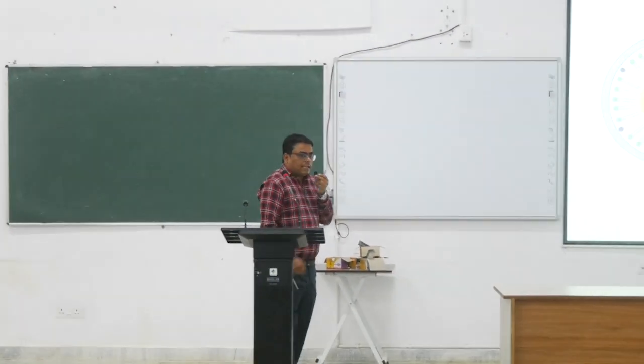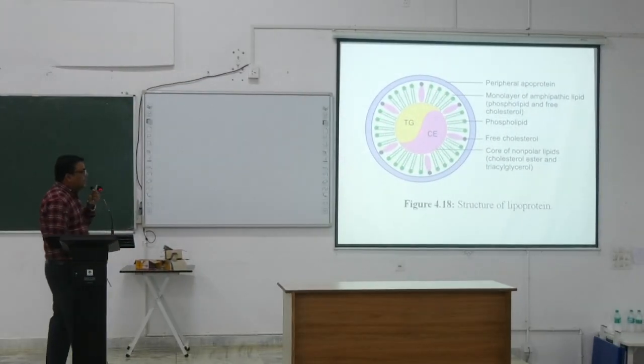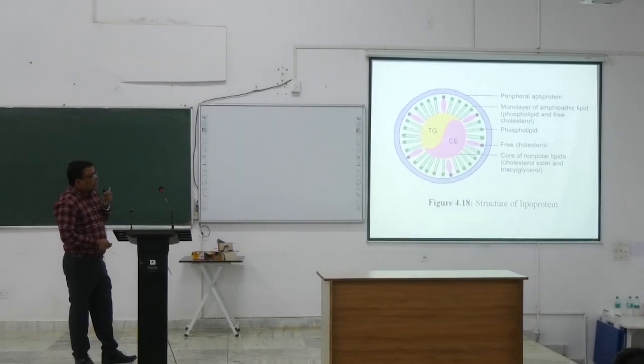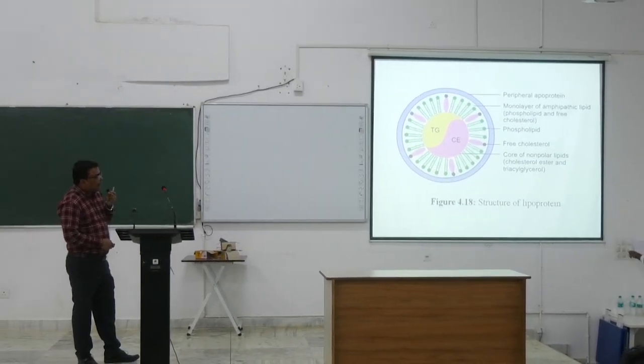Now, this is the structure of lipoprotein. You see that in this structure, triglyceride and cholesterol ester are present in the core part of the nucleus. On the outer side, phospholipids are present, and free cholesterol is also present here.